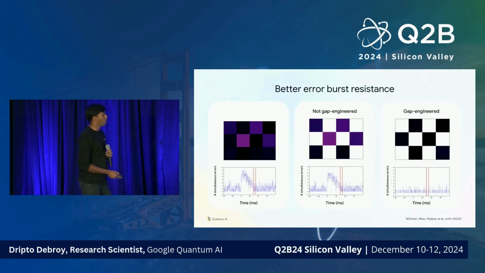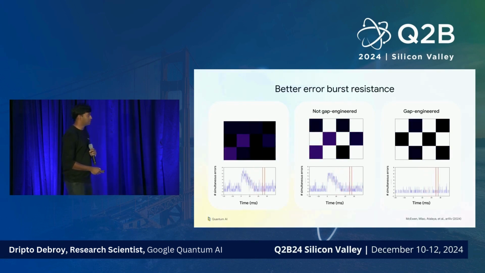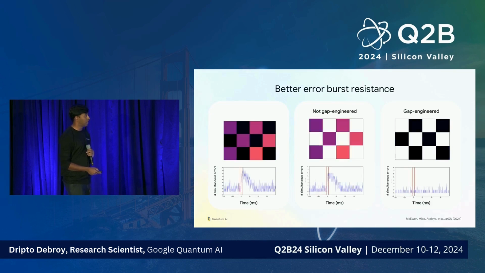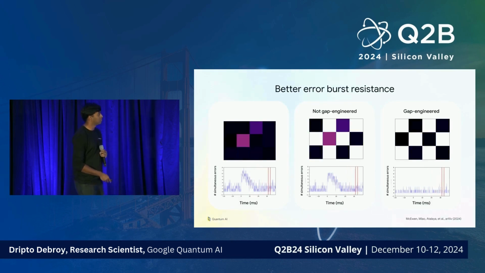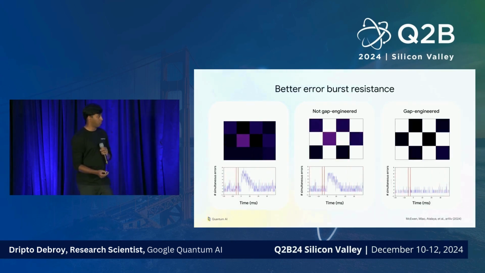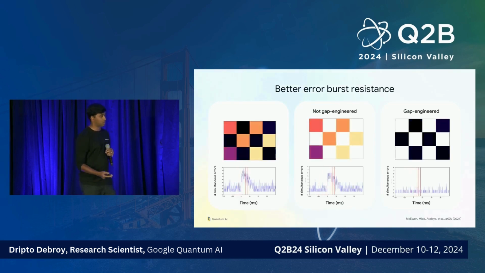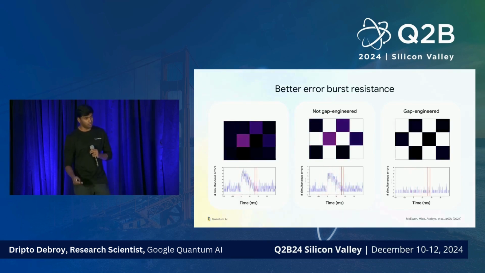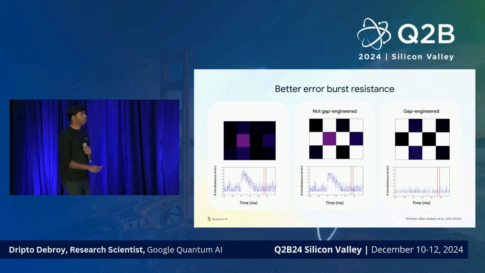That allows us to watch in real time as a high energy event comes in, and you can very viscerally tell which qubits are and are not sensitive to it. Right there, you can tell that these qubits aren't moving, and these ones are very, very sensitive. So this dramatically improves our performance against these events. Obviously, on our real chip, we put this gap engineering on all the qubits, and this removed that error floor I showed you earlier.